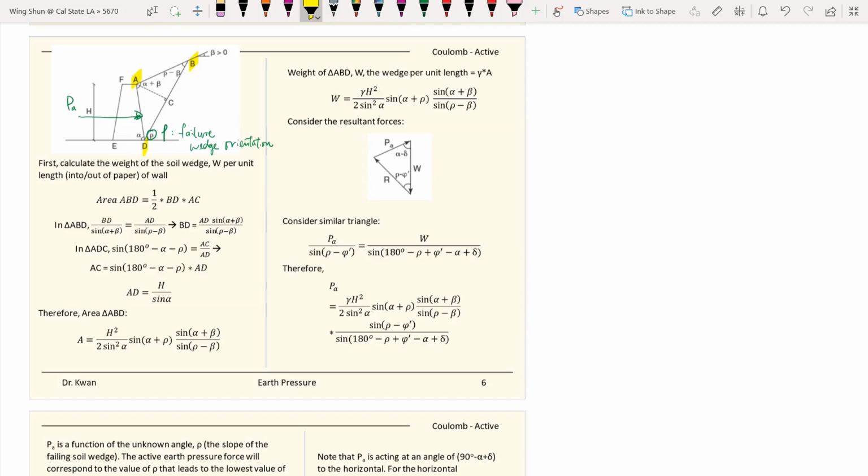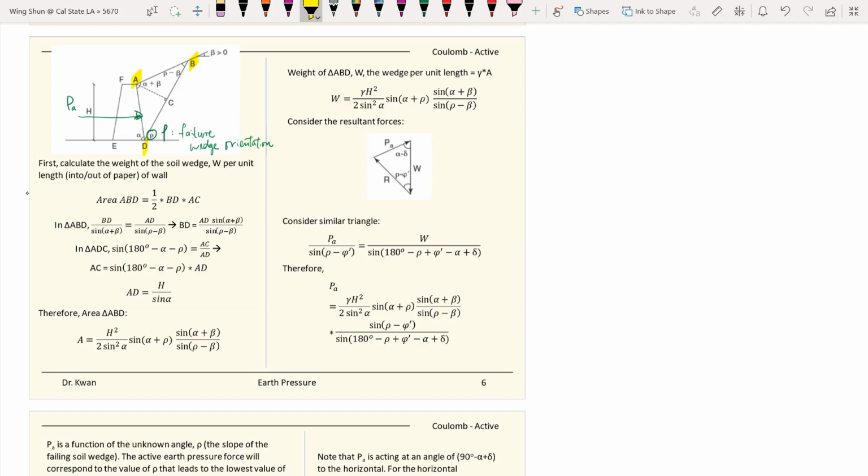Within the triangle, the ratio of one side to the sine of its opposite angle is constant. So there's the sine law right there: BD divided by sine of alpha plus beta equals AD divided by sine of alpha minus beta. There's some trigonometry work to represent the angles within the triangles, and then we organize it.